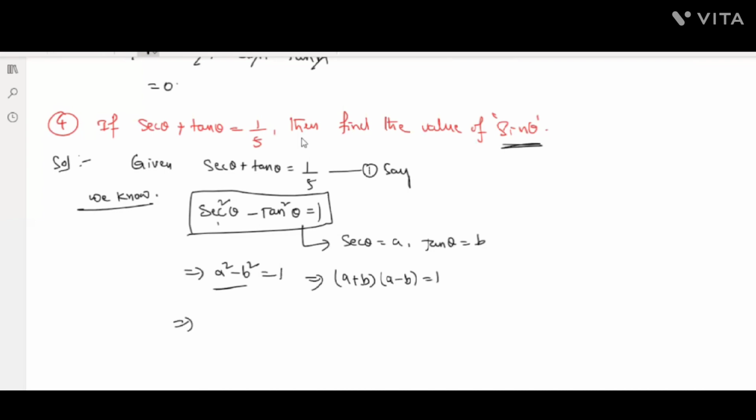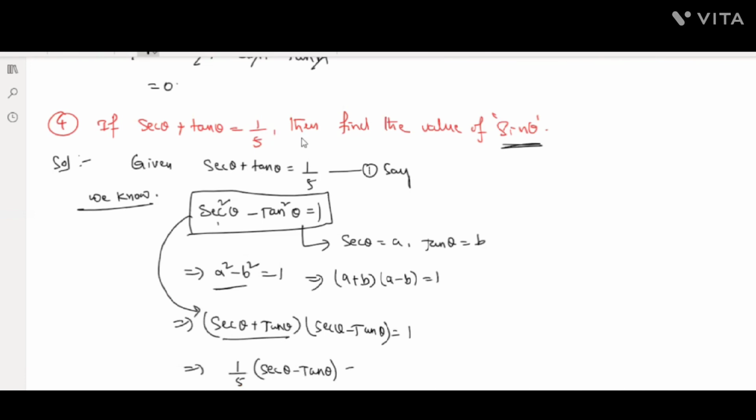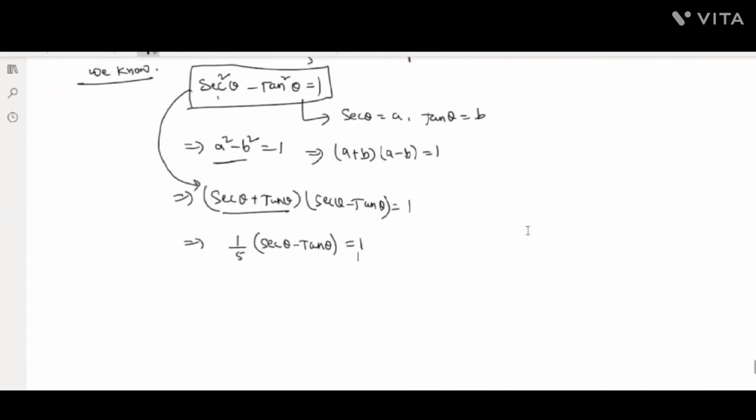So we can write (secant theta plus tan theta) into (secant theta minus tan theta) is equal to 1. We know the value of secant theta plus tan theta from equation 1, that is 1 by 5. So 1 by 5 into (secant theta minus tan theta) is equal to 1, so secant theta minus tan theta is equal to 5. That is equation 2.